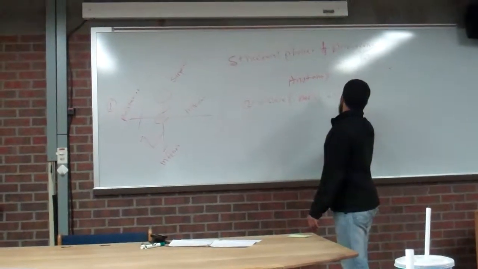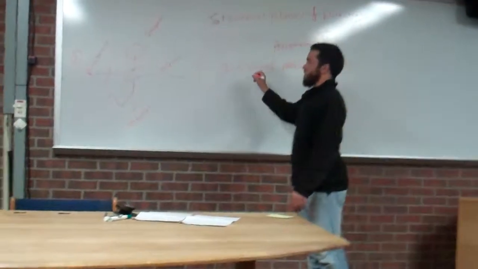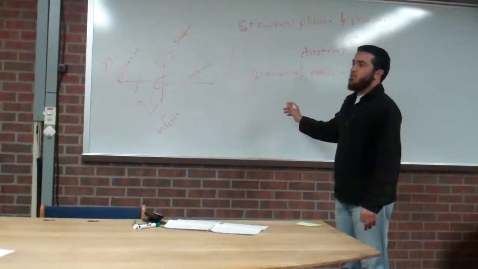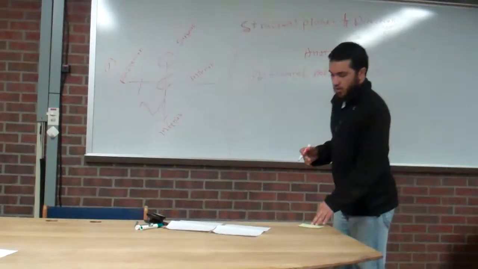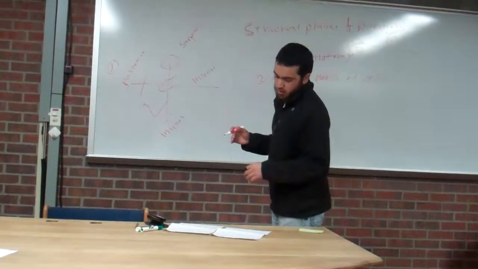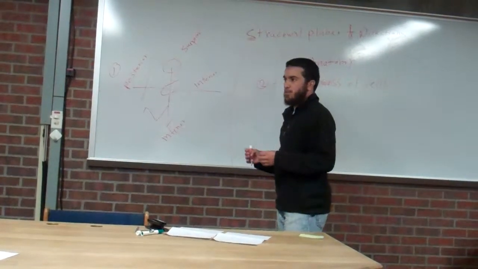This is the definition for tissues, a mass of cells. In our body there are 4 types of tissue.